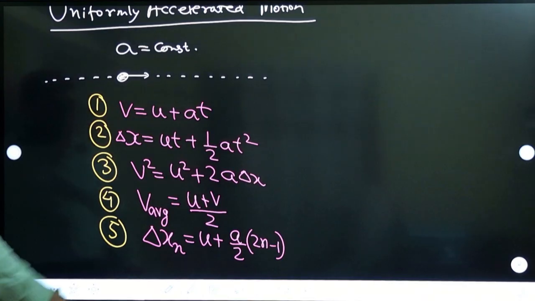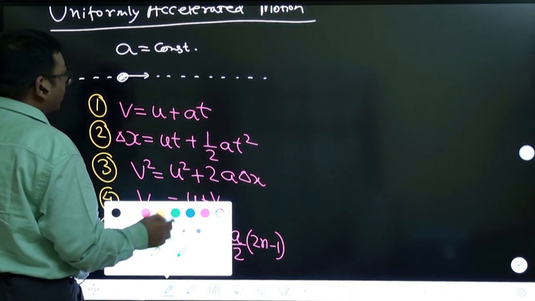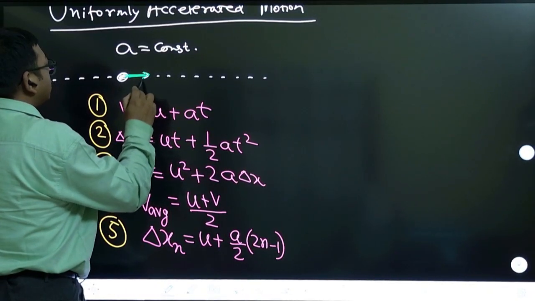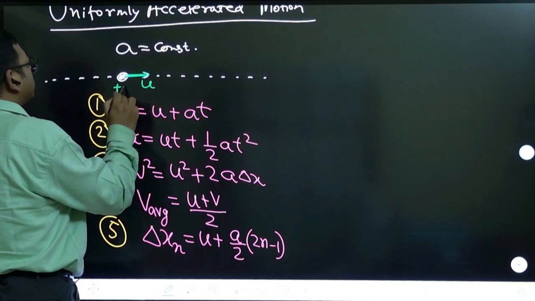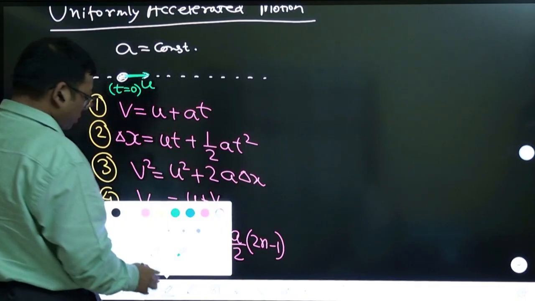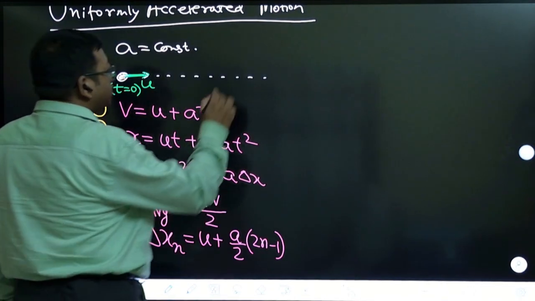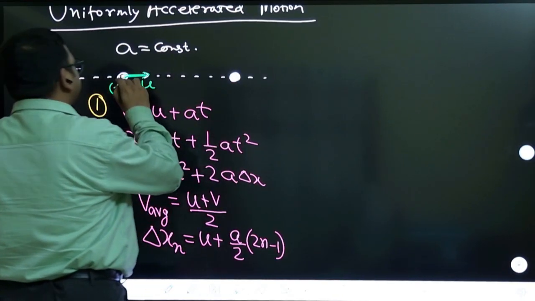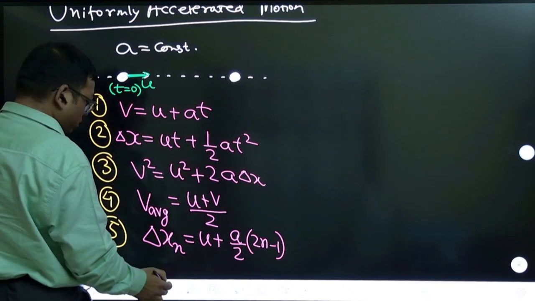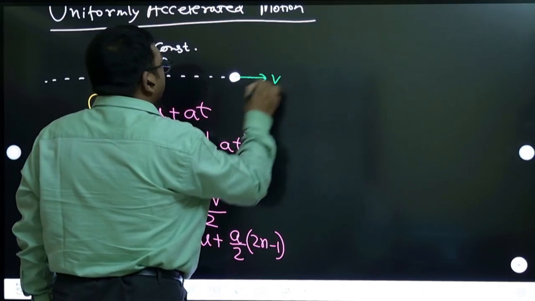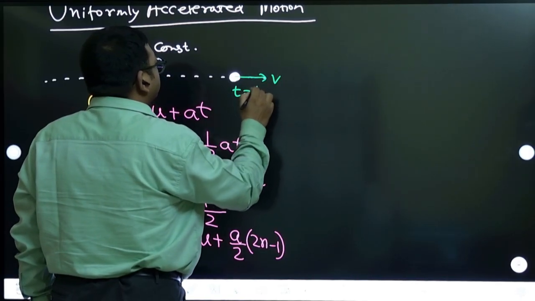So what are these terms? I will show it here in the diagram. u means initial velocity, when time is 0. What is v? v means final velocity. This body has got some velocity, so this is the final velocity v. And here time is t.